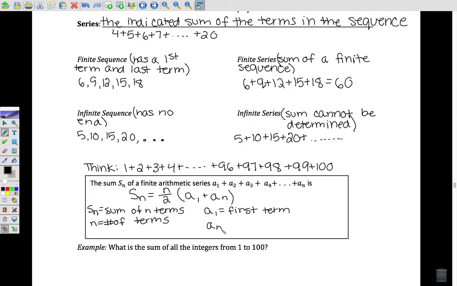And a sub n is the last term. Because this is finite, it has an end, so it has a last term. For example, in 6, 9, 12, 15, 18, there are 5 terms, so n would be 5. A sub 1 would be 6. A sub n would be 18.